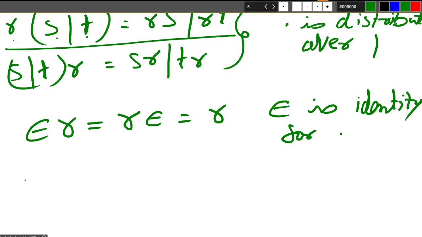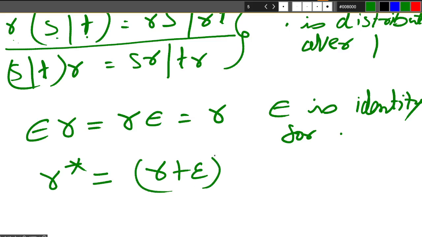Now what about this thing? If you have R, Kleene closure of R, then can we write it as R or epsilon, Kleene closure? Yes, sir. You can write. What I want to say is, here I have written epsilon and here I have not written epsilon. Without writing epsilon, is it possible to have epsilon here?